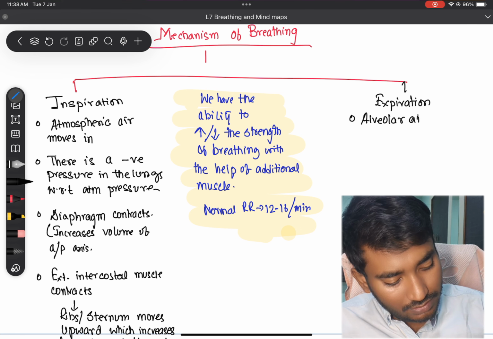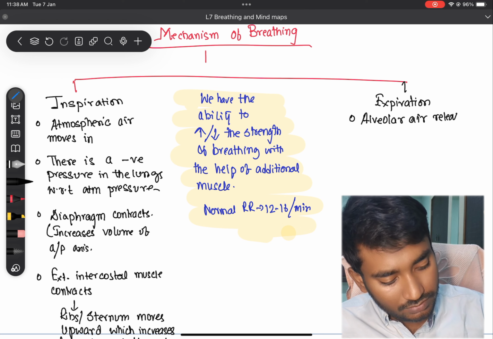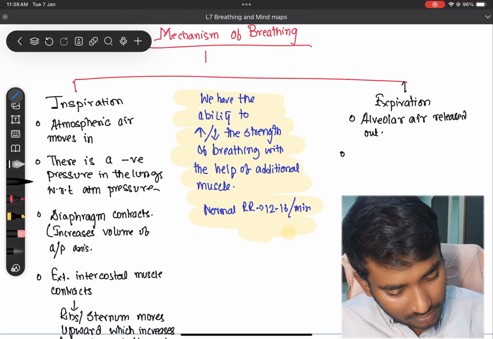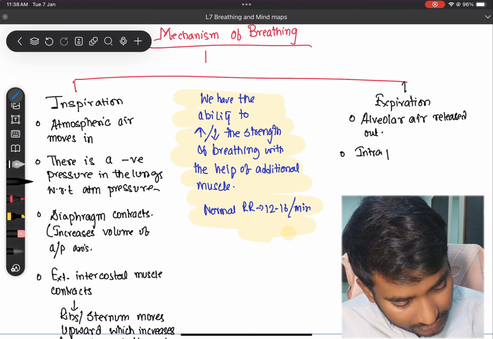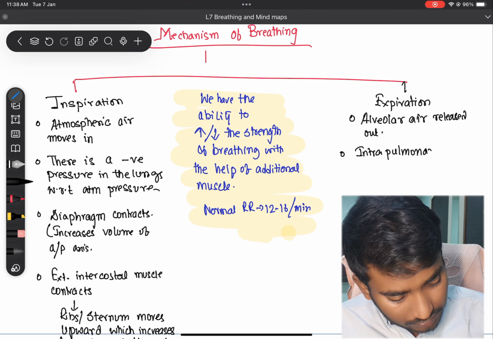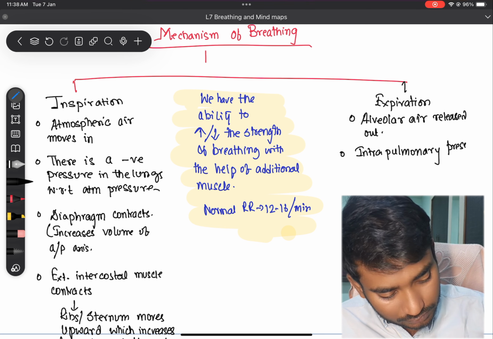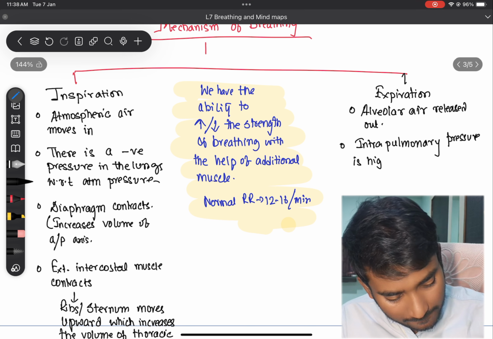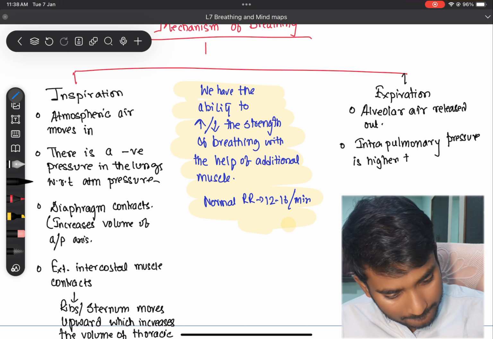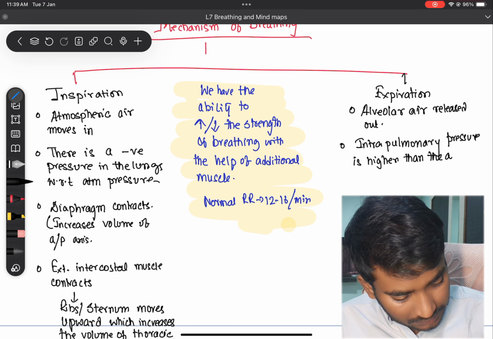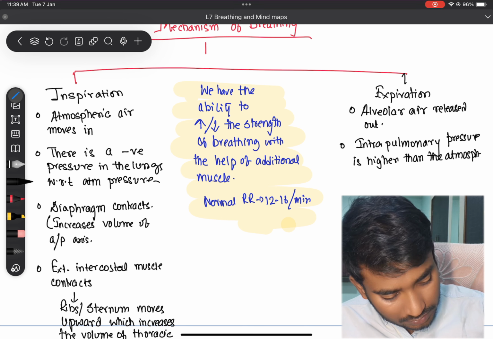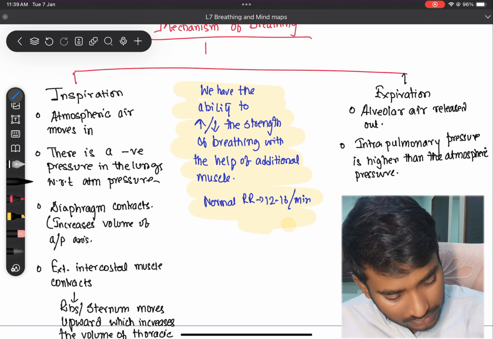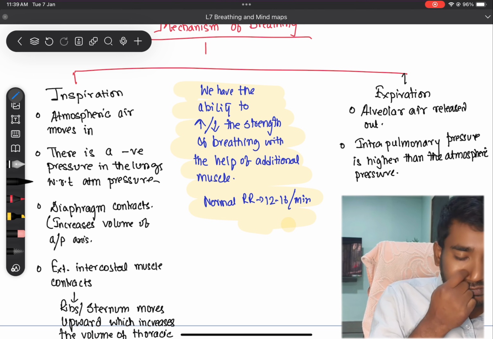Now, intrapulmonary pressure is higher than the atmospheric pressure.